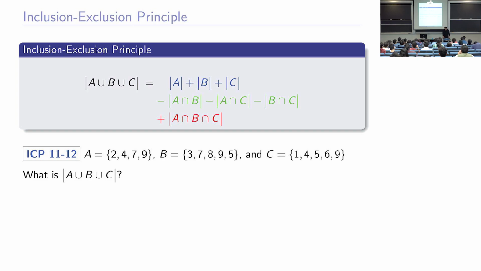We saw the union should work out to 9, but this element 9 is going to be counted 3 times in A, B and C. Then it will be subtracted 3 times when I subtract A intersection B, A intersection C and B intersection C. So then we have to add it once more. Okay, did you write this? Should write some working. Okay, can't just write a number, right? So what is A intersection B or something like this?